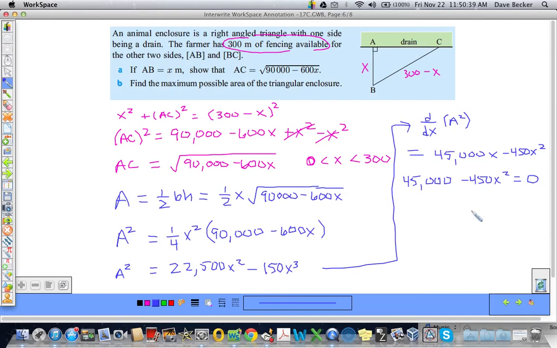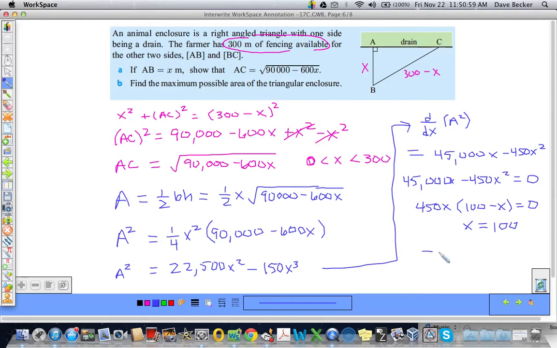We could factor out a 450x, so we would have 450x times (100 minus x), and I get x equal to 0 or x equal to 100, and x equal to 100 would be where it's a maximum.